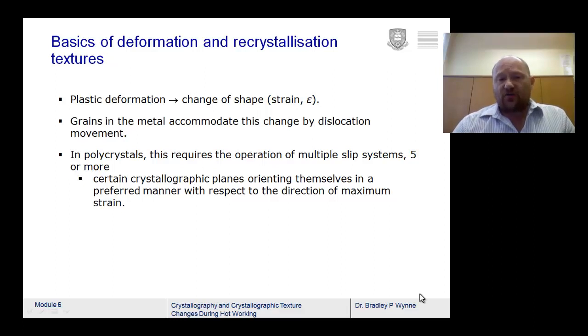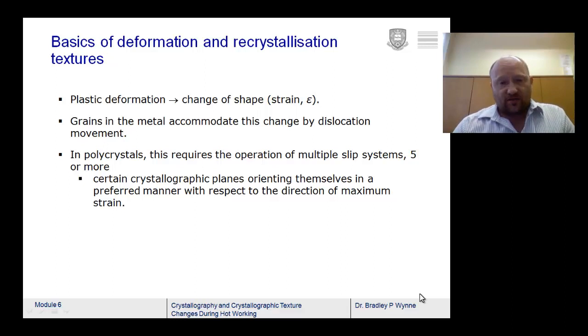Okay, so the first thing we have to note is deformation textures. In plastic deformation, we effectively apply a change in shape. We apply strain. To accommodate this change in shape, we need dislocation motion or plastic slip. That means plastic glide on a crystallographic plane. If we have plastic glide on a crystallographic plane, we automatically generate lattice rotation.